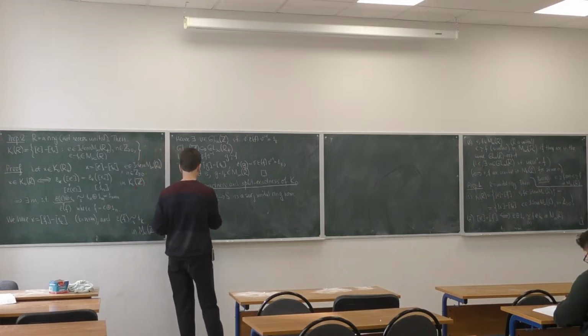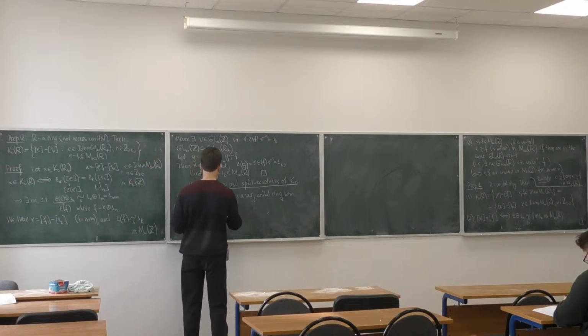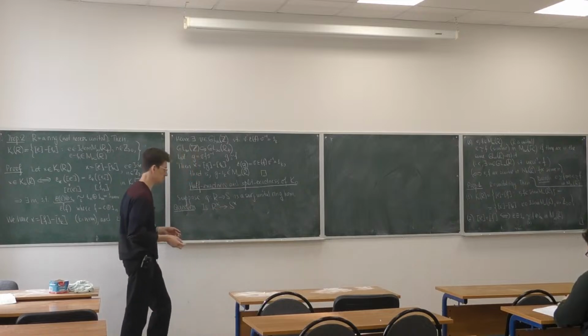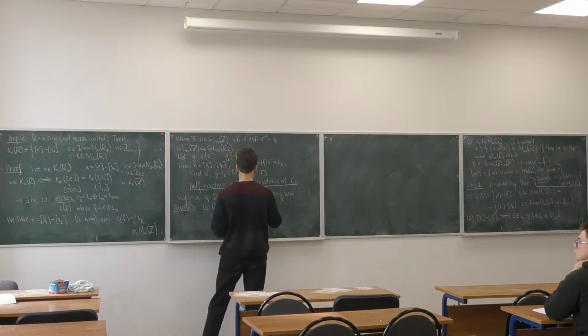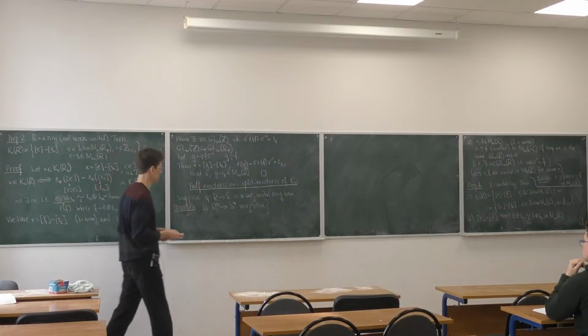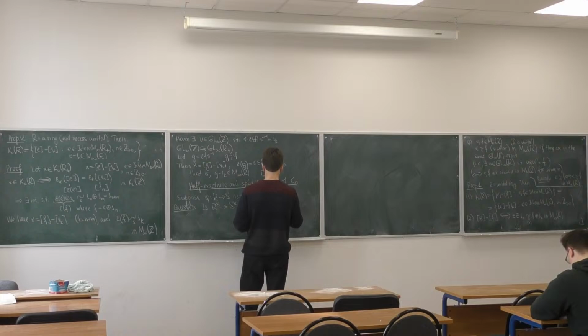So the question is: the restricted map, which acts from R cross to S cross, that is, between groups of invertibles, is it surjective? That is, is it true that every invertible in S can be lifted to an invertible in R? Well, simple examples show that the answer is no in general.